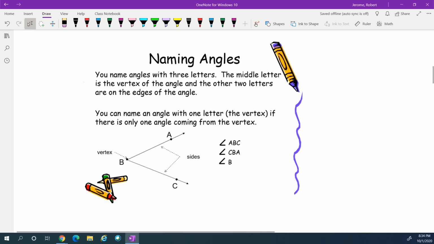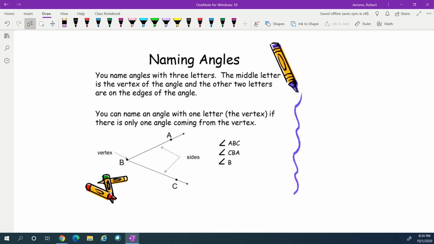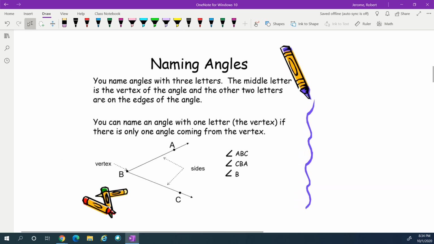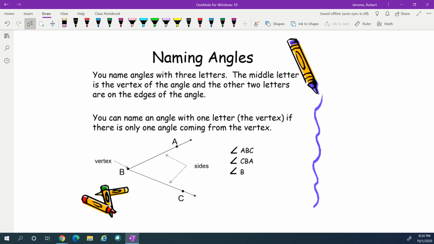Naming angles. So we name an angle typically using three letters. I'm going to trace the angle. And again, watch how I trace it because that's the way we trace it. They're going to give us the name. I want to start on one side.